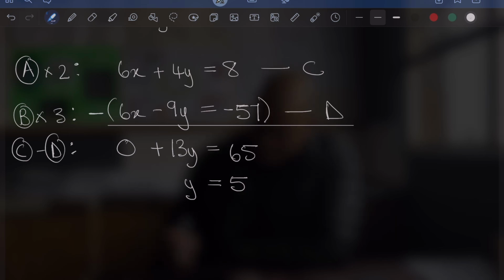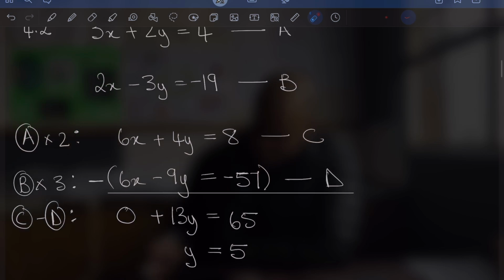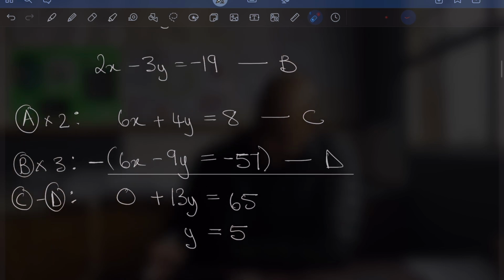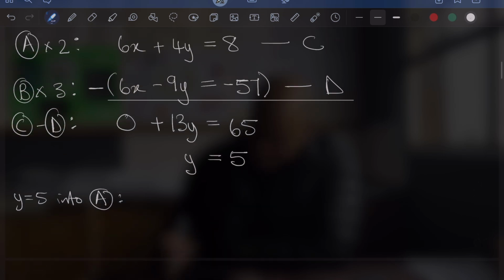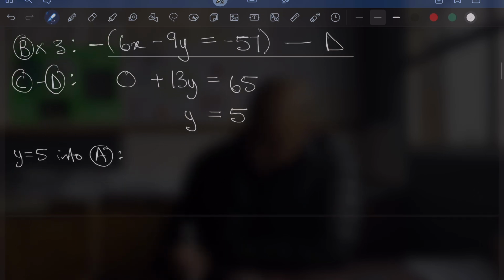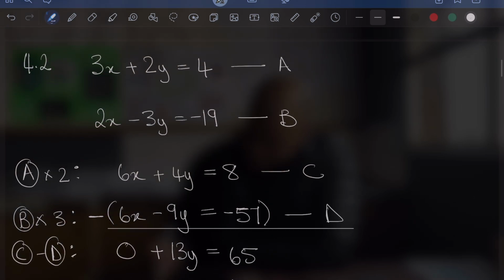And now I can take y equals 5 and I can substitute it into either A or B. I'll choose A, so I'm going to say y equals 5 into equation A. So I'm going to have 3x plus 2y, which is now 2 times 5, is equal to 4.